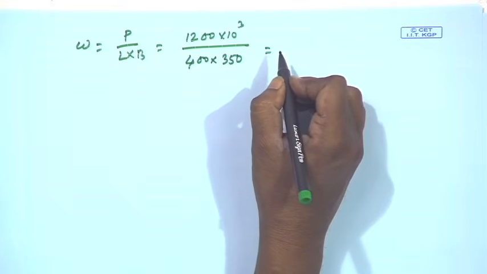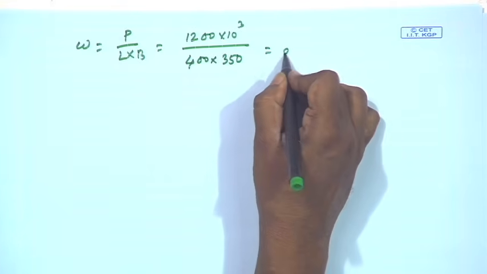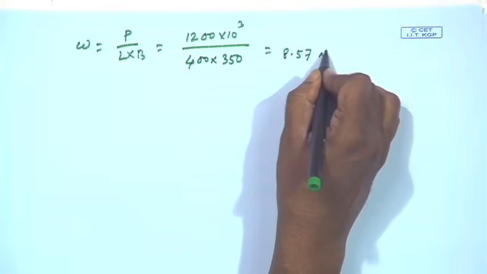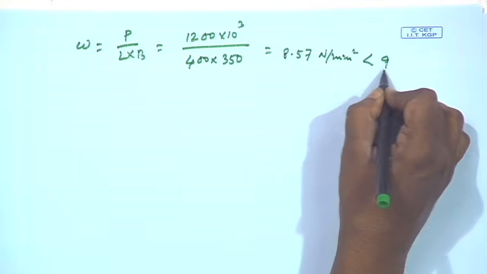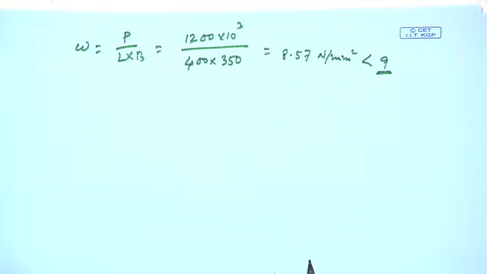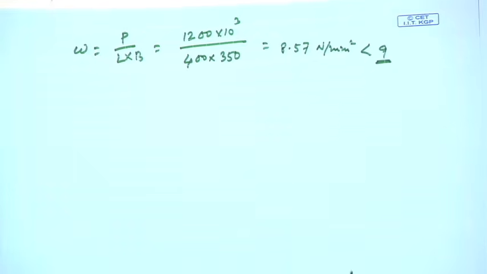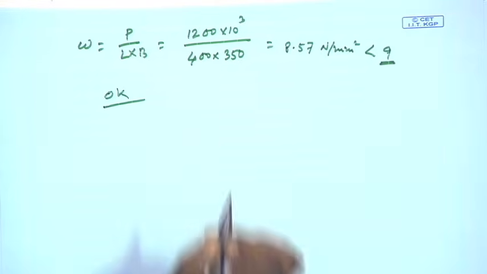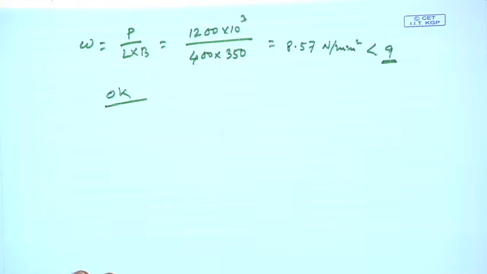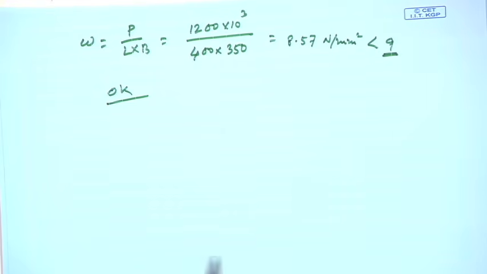So, we can find out the value as 8.57 Newton per millimeter square, which is less than 9. 9 is the 0.45 fck, the bearing strength of concrete. So, it is okay, right. So, the size of the base plate, that is length and breadth of the base plate, is okay.